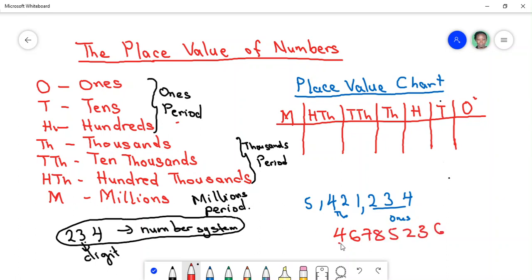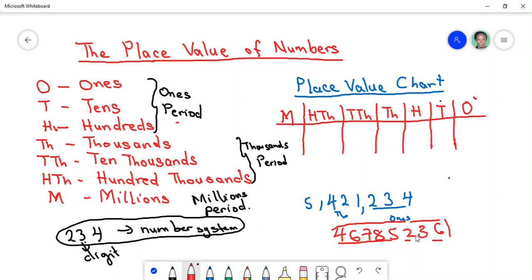If I give this number to you to call out for the first time, it looks like a very large number, and it looks difficult to read out. But immediately I put the commas, it becomes easier to tell the place they belong to.